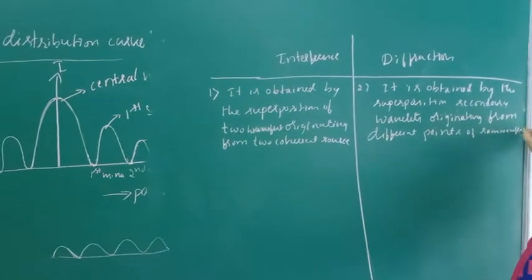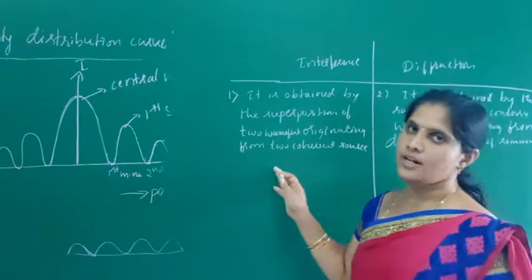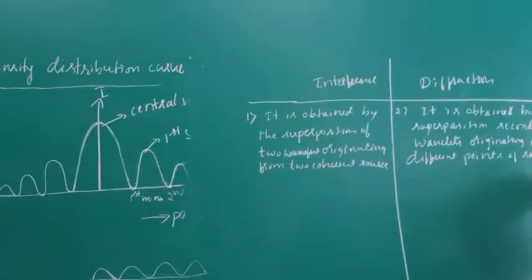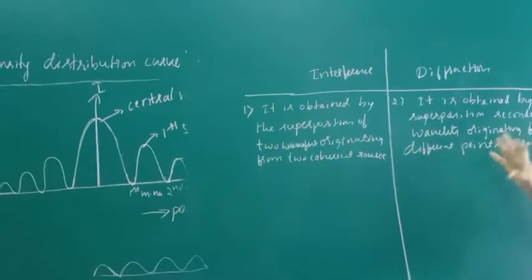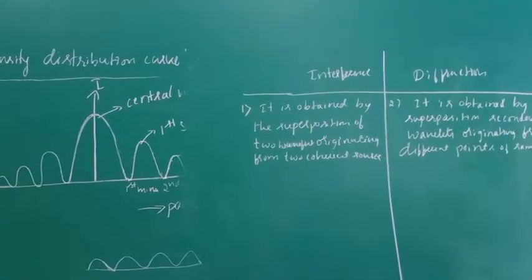That means interference is obtained by two wavefronts, and diffraction is obtained by secondary wavelets from the same wavefront.